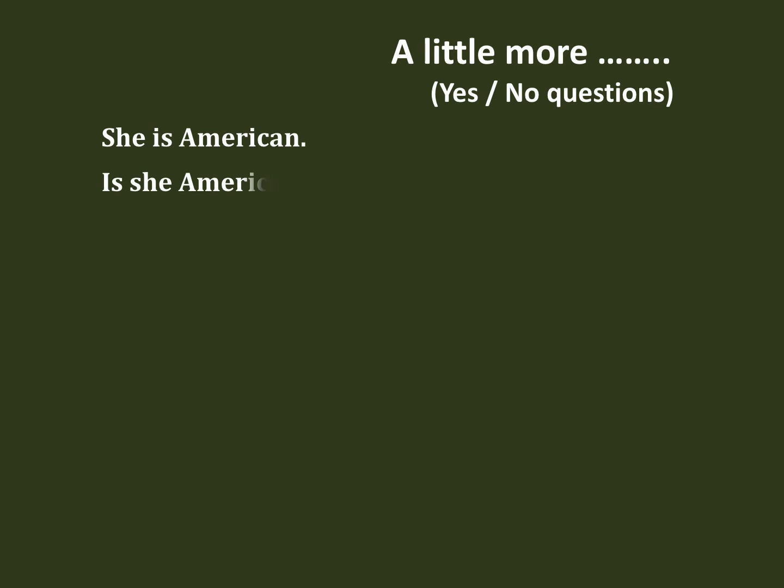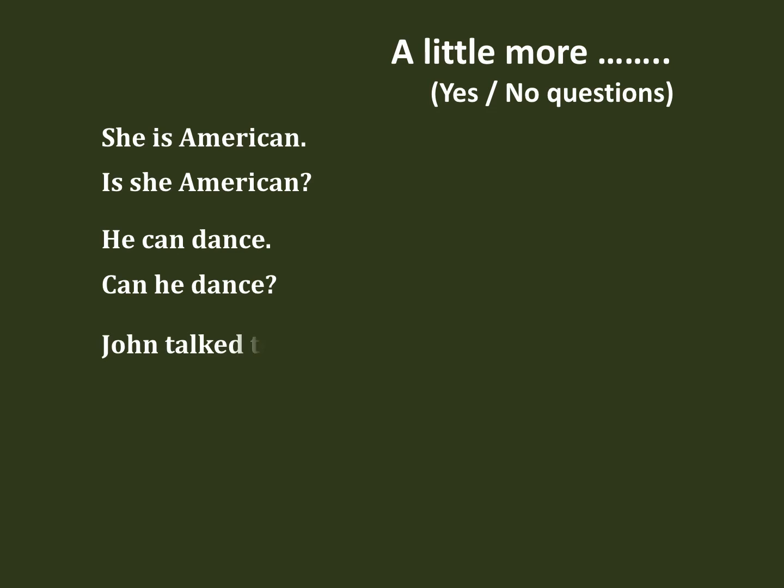On to yes-no questions. To change a be verb sentence to a yes-no question, the be verb goes before the subject. That's very simple. And in a similar way with the general verbs, only the helping verb goes before the subject.